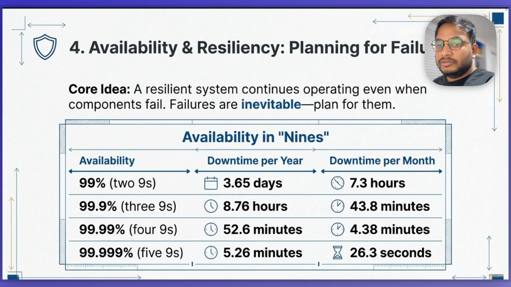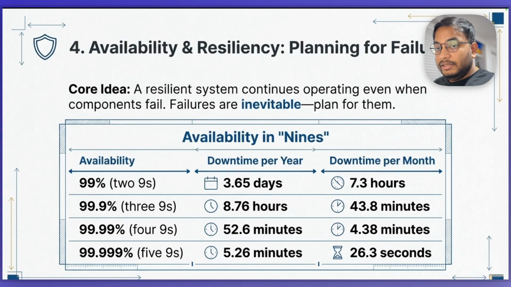Similarly, if your service supports 99.9% availability, meaning it has three nines, then the downtime is only allowed for 8.76 hours per year. For a month, you can assume it's just 43.8 minutes.